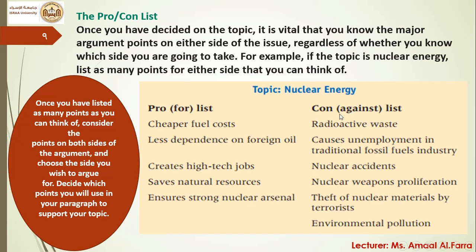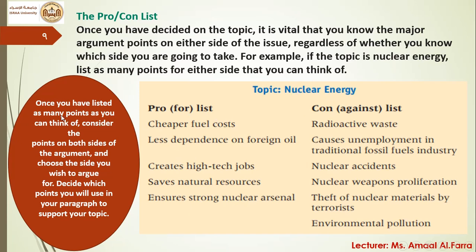Okay, in con here, the against list: radioactive waste, causes unemployment in traditional fossil fuels industry, nuclear accidents, nuclear weapons proliferation, theft of nuclear materials by terrorists, environmental pollution. So these are against this topic, and these are for this topic in your argumentation.